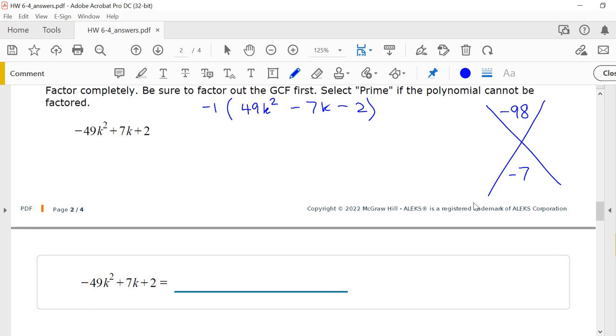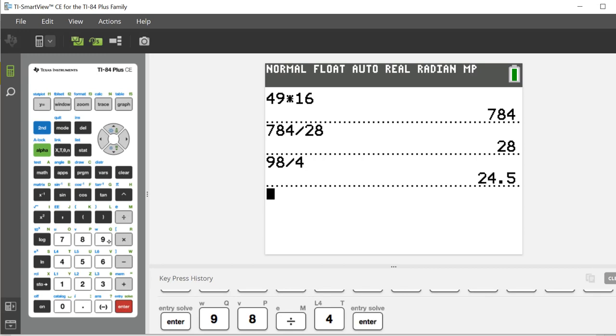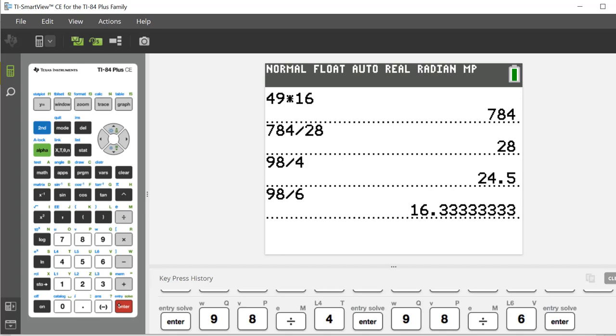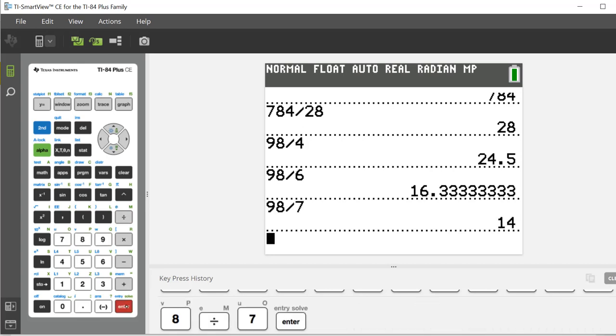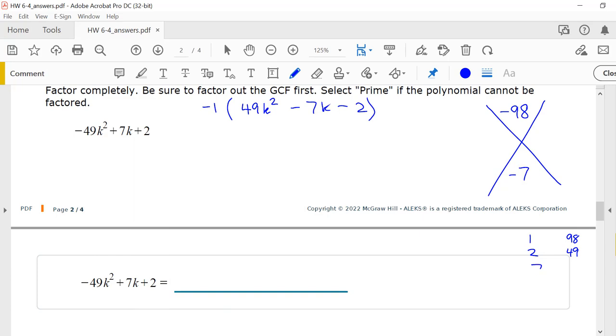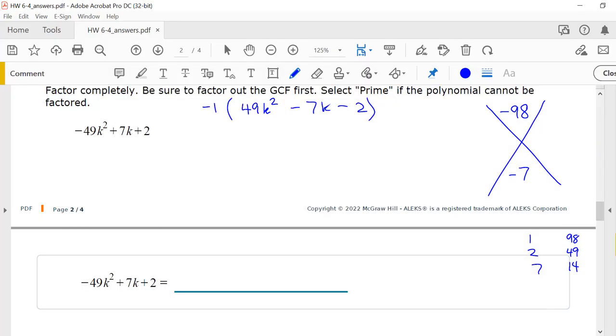So factors of 98. 1 and 98. 2 and 49. 3 won't go in. Let's see, 98 divided by 4. Nope. Won't. 5 won't. 6 won't. Oh, 7 and 14. And that's what we need.